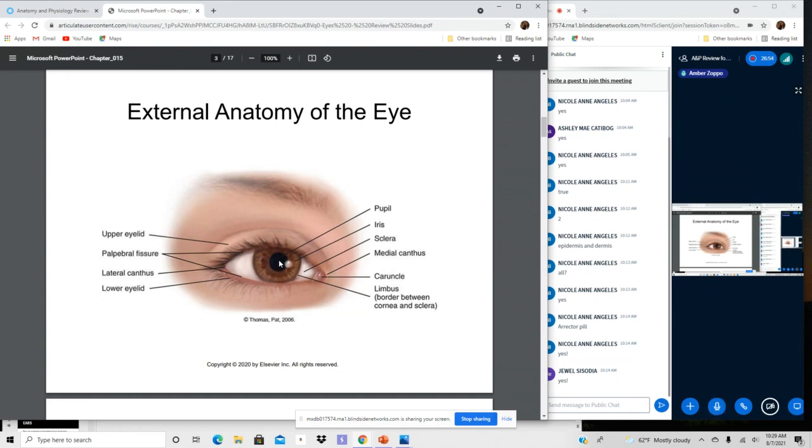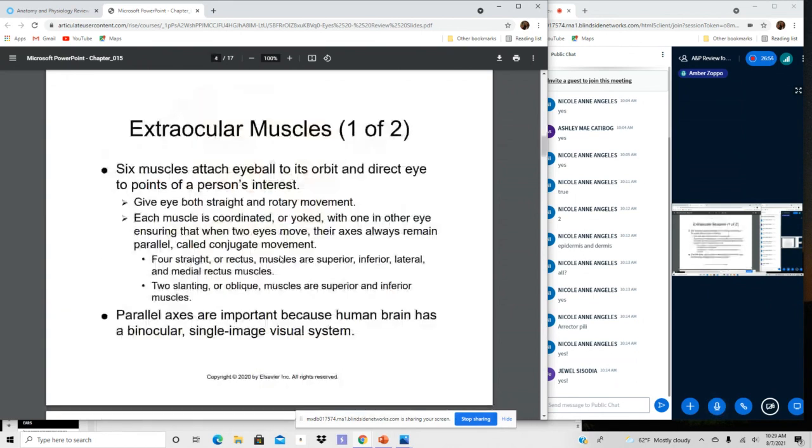Okay, so let's move on to extraocular muscles. There's 6 muscles that attach the eyeball to its orbit and direct the eye to points of a person's interest. They give the eye both straight and rotary movement. Each muscle is coordinated or yoked with one another, or yoked with the other eye, ensuring that when 2 eyes move, their axes always remain parallel, called conjugate movement.